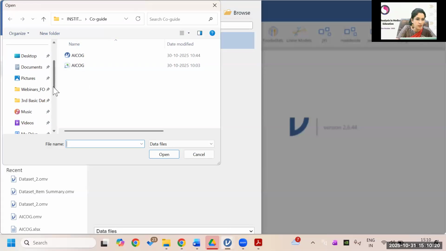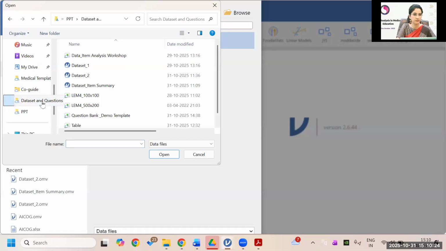Once you have shown the path, let me go to that sheet, data set and question, Excel. Is this the file? Yeah, the icon has changed. So I will just click on open.